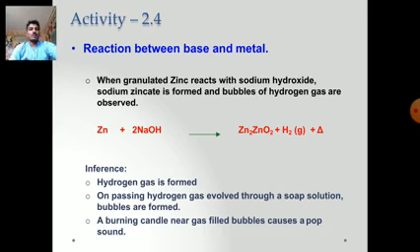Zn reacts with NaOH and is converted into Na2ZnO2 plus H2. What is the inference? The hydrogen gas is formed. On passing the hydrogen gas through soap solution, bubbles are formed. A burning candle near the gas-filled bubbles causes a pop sound.